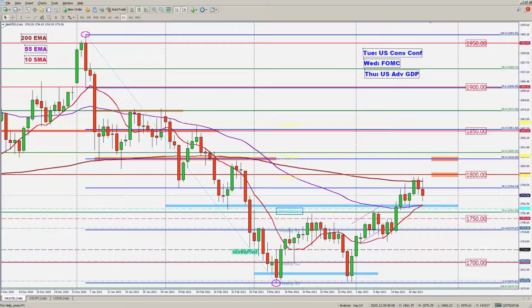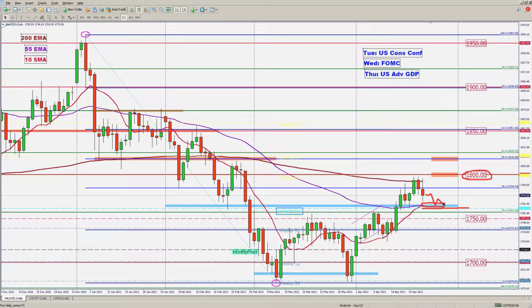So for the moment, there is support at the daily 55 EMA, and just below that is the weekly pivot for last week, and resistance is going to be at the 1800 round figure.